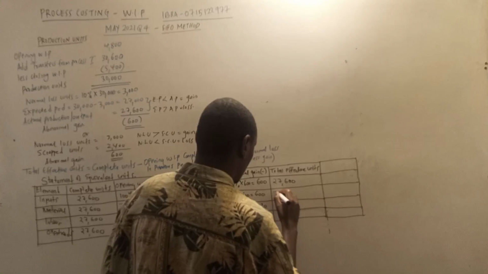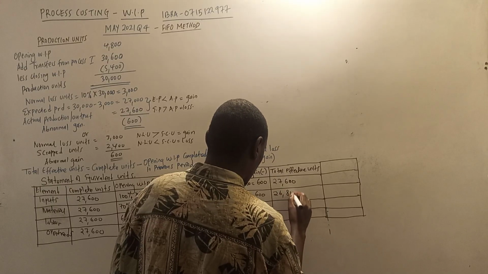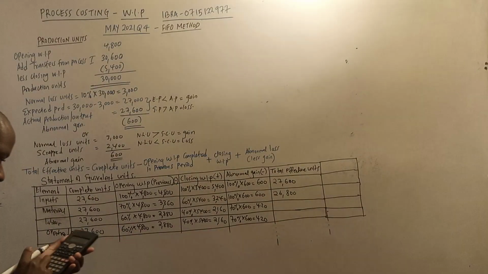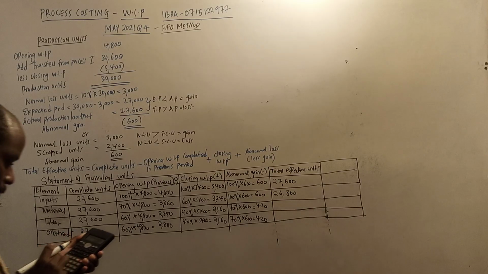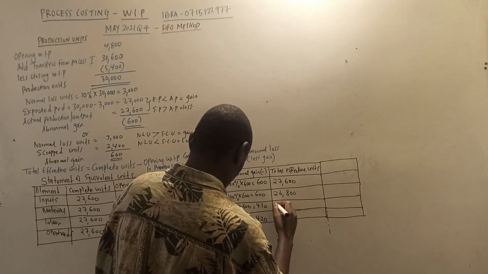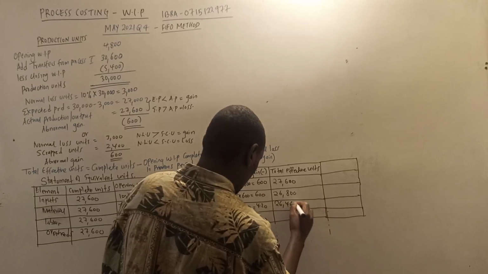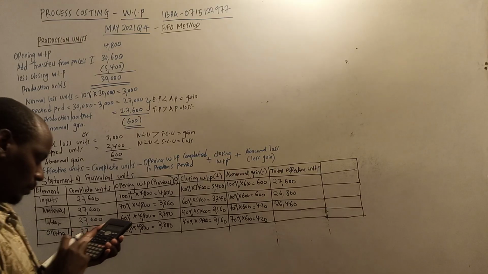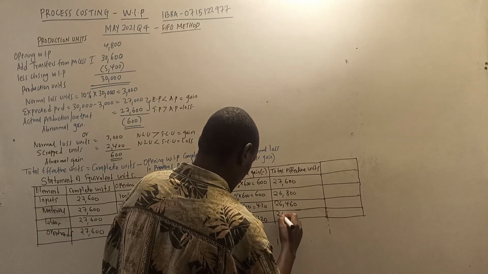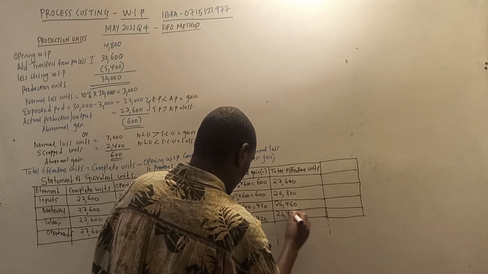I'm getting 26,800. Then 27,600 minus 2880 plus 2160 minus 420. I'm getting 26,460. Then the same again for the last column: 26,460. They are similar.